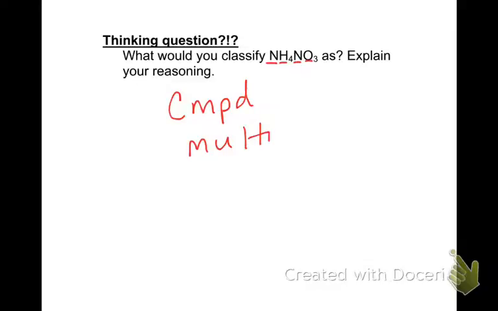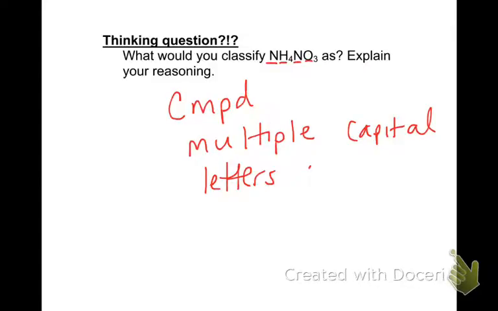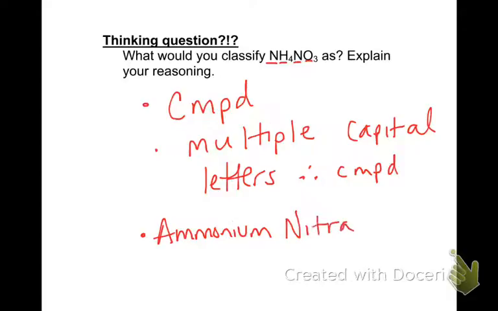The name of this substance is ammonium nitrate. So ammonium nitrate sounds like a compound. It is a compound. So it's a compound because it has multiple capital letters. Again, I'm just going to give you the name of it. Ammonium nitrate. Okay. So NH4NO3 is in fact a compound.